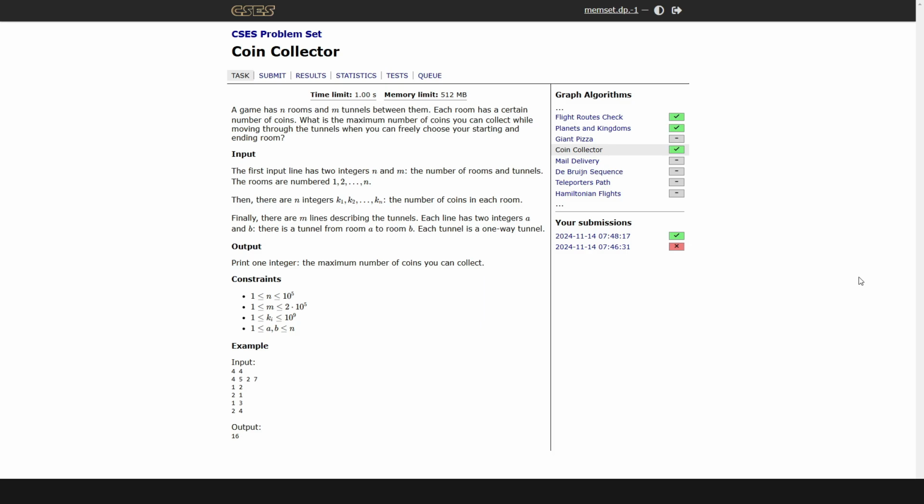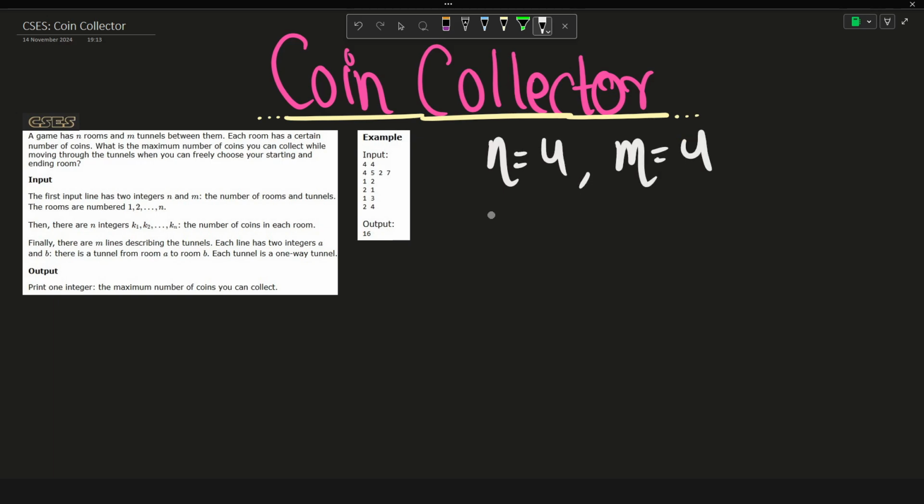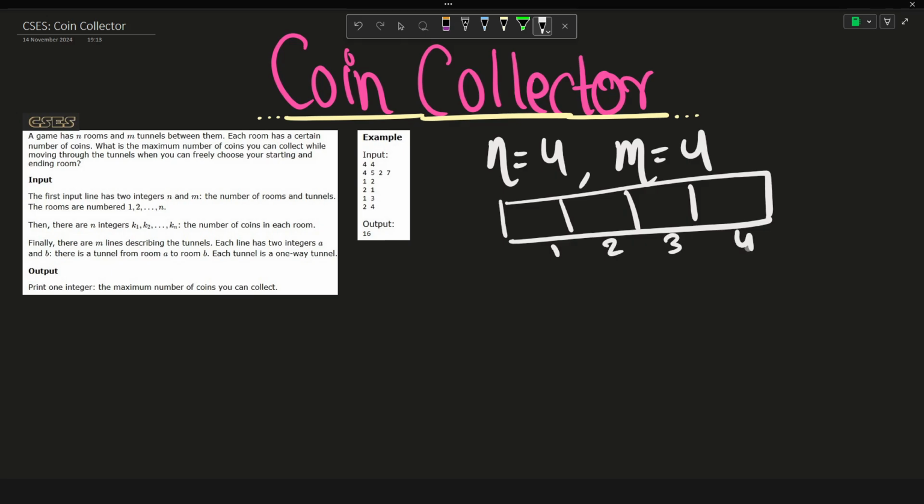So if we consider the given example, let me explain it to you on the board. We are given this example in which the value of n is 4 and m is also 4. So there are 4 rooms. Consider it like this: first room, second room, third room, fourth room.